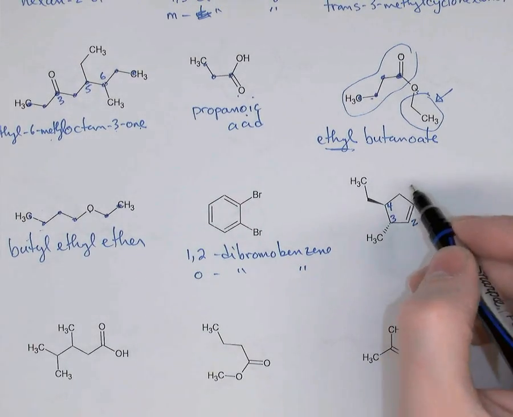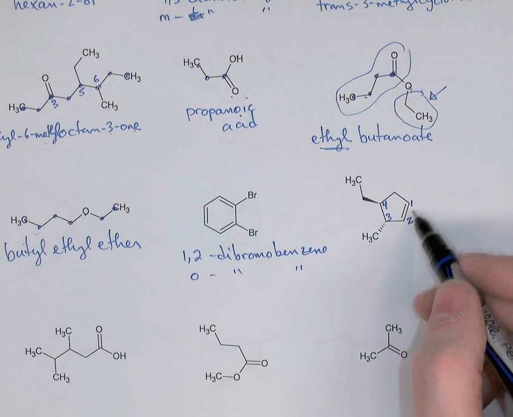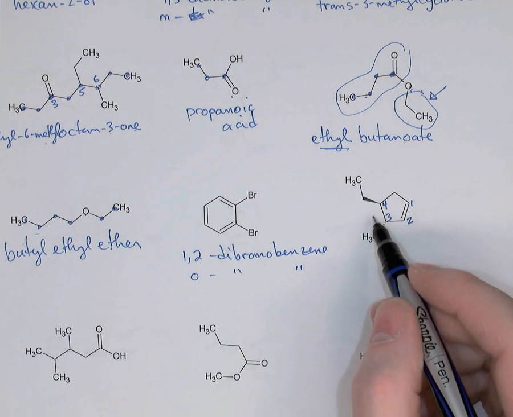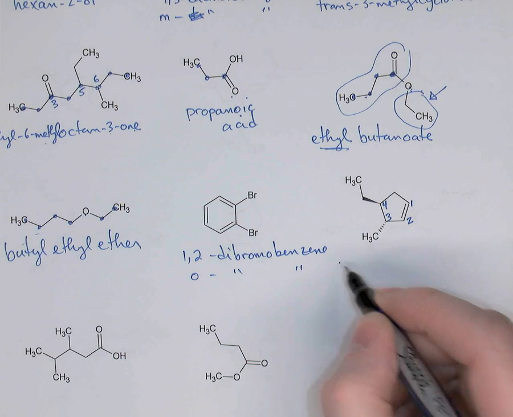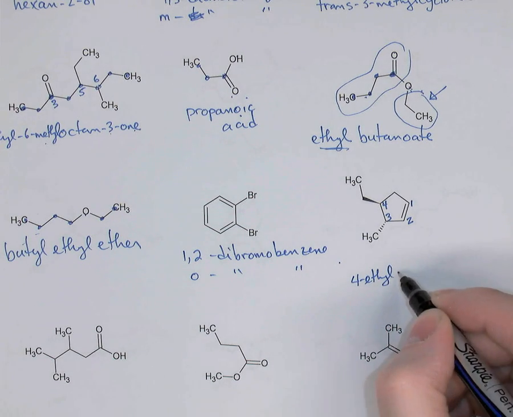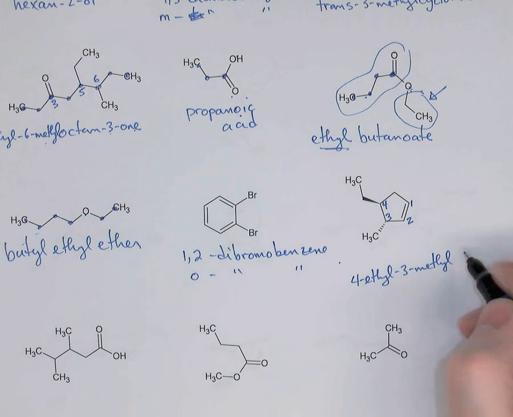So it's a 5-member ring with branches on carbons 3 and 4, and the double bond as I've shown. So we'll name the ethyl branch first. So 4-ethyl, 3-methyl, cyclopentene.